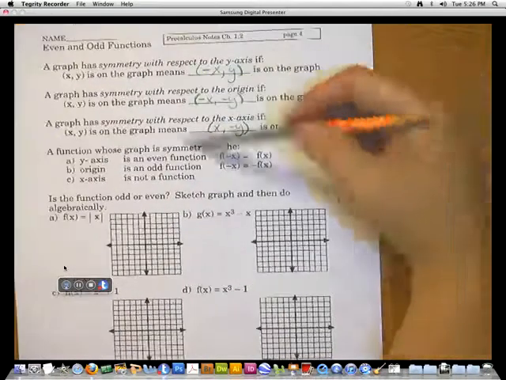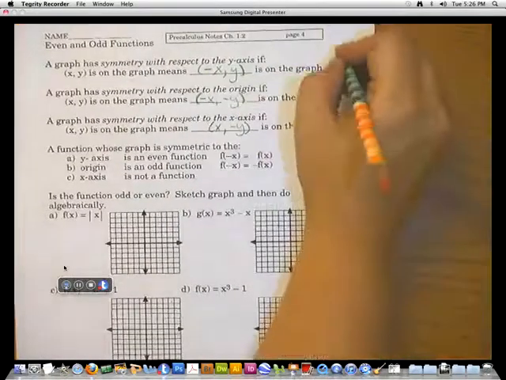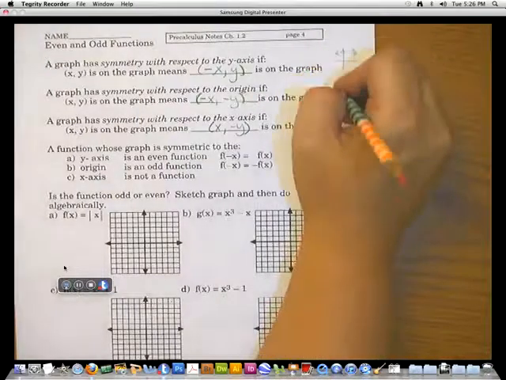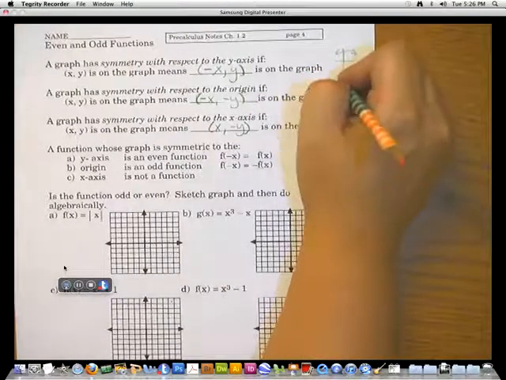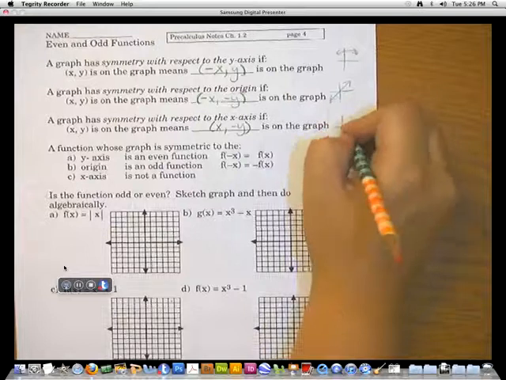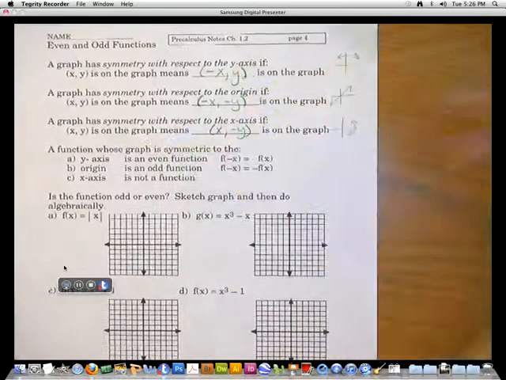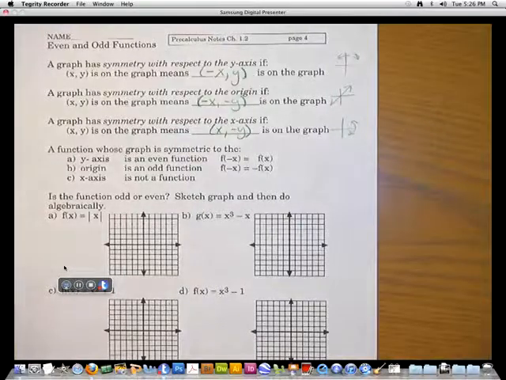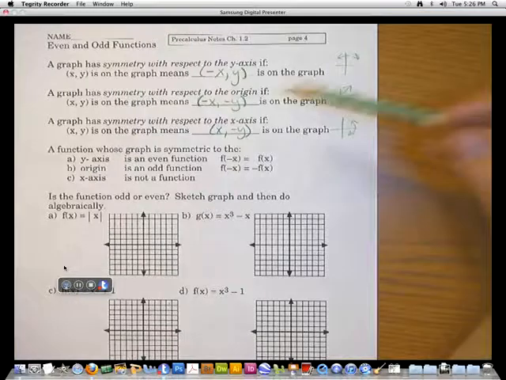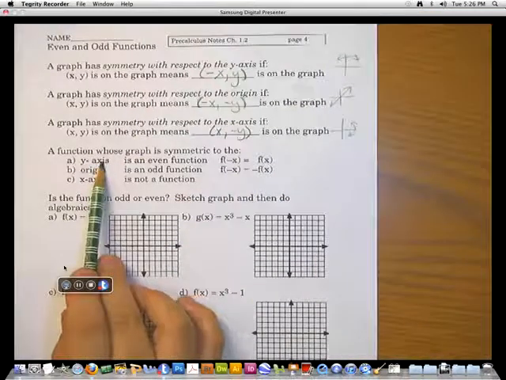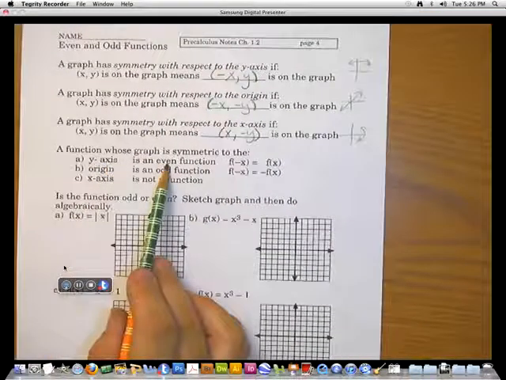So when we talk about this symmetry, when we reflect over the y-axis, when we reflect over the origin, and when we reflect over the x-axis, we have what's called odd and even functions. If you're symmetric to the y-axis, you're an even function.